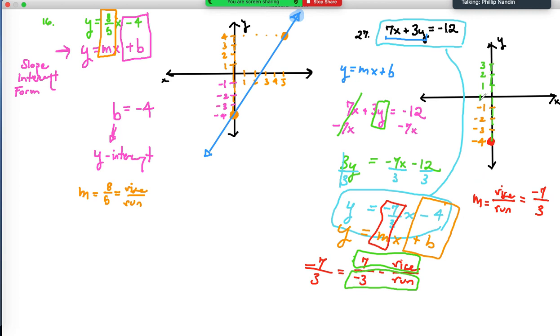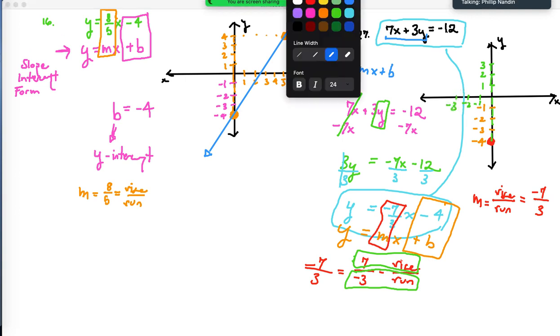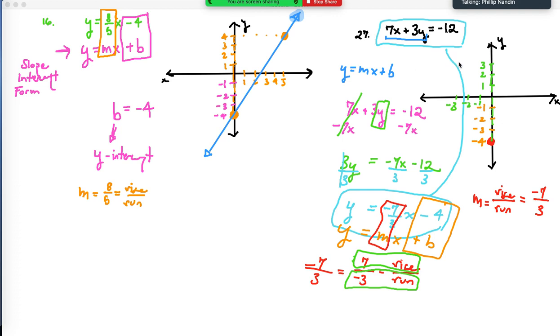So it's 1 to the left, 2 to the left, 3 to the left. And then I have another point right here. Because I went up 7, 1, 2, 3, 4, 5, 6, 7, and then I ran 3, 1, 2, 3 to the left.